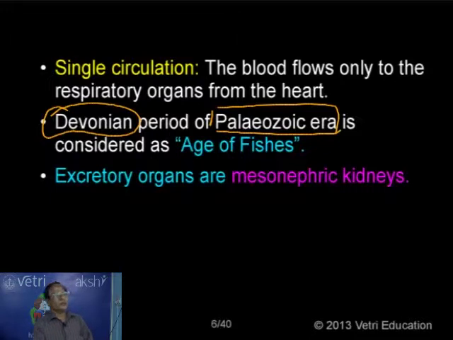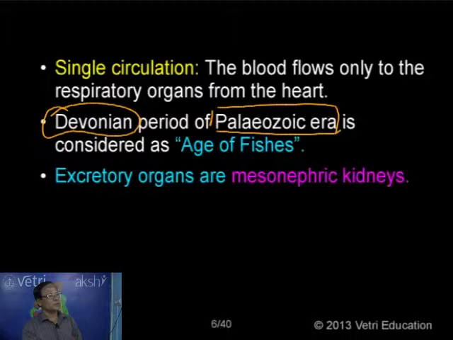During the Permian period, the last period of the Paleozoic era, most of the animals became extinct. Nearly 2/3 of the animals which survived on this earth became extinct during that period, and a large number of fishes also became extinct. But the life that was flourishing during the Devonian period is considered the age of fishes.